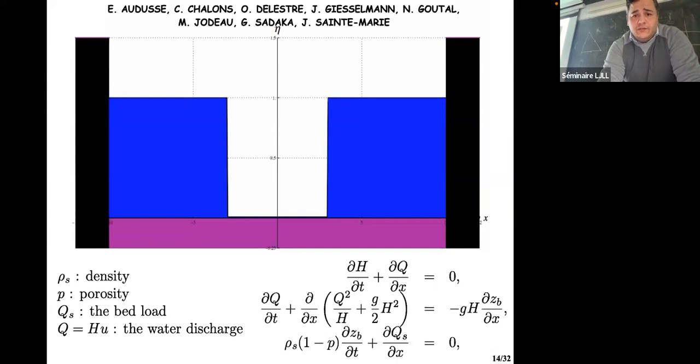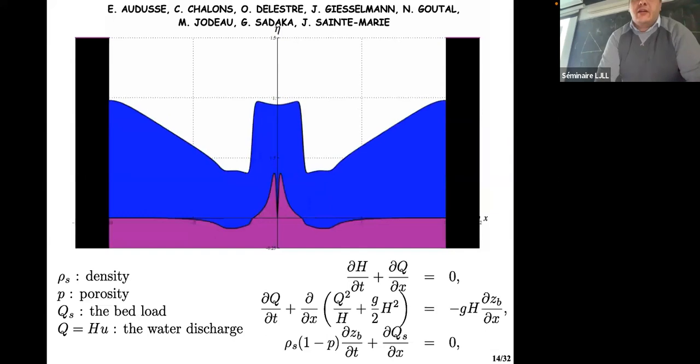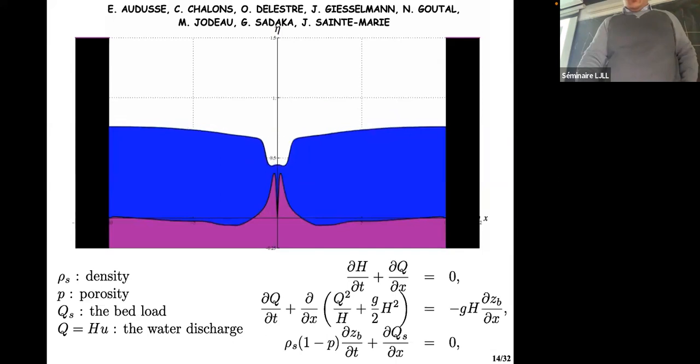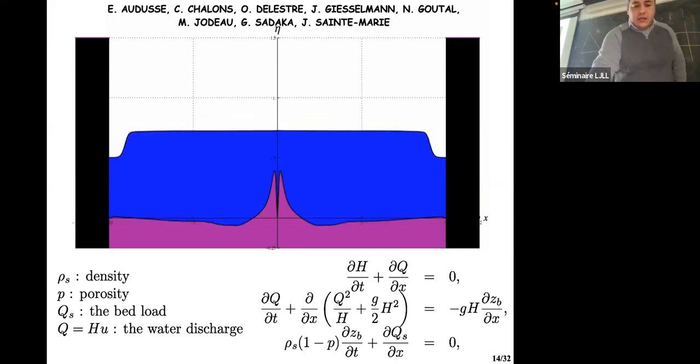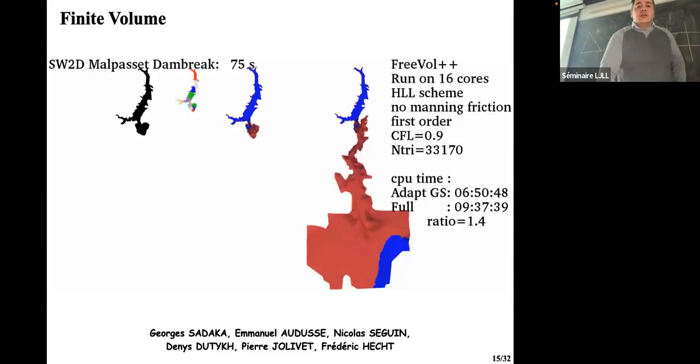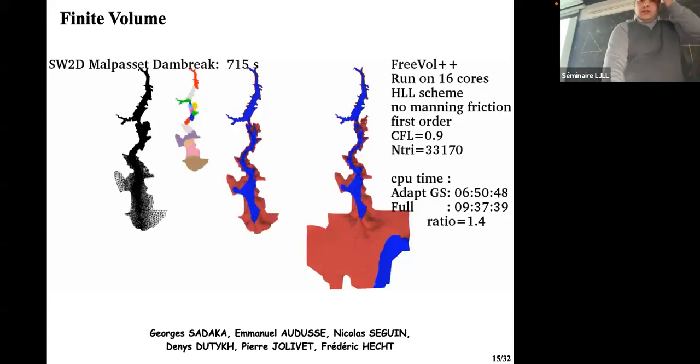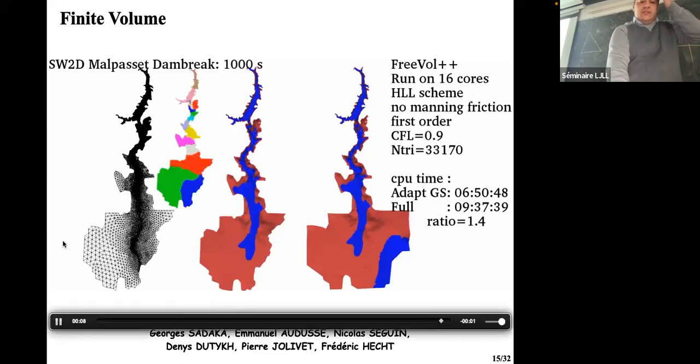We can use also FreeFem to solve shallow water equation coupling with XNav. So here for the dam break, even with the shock, they are taken into account. Another application is with finite volume for the dam break of Malpasset. So here we have also a mesh adaptivity, and it works also with the finite volume.